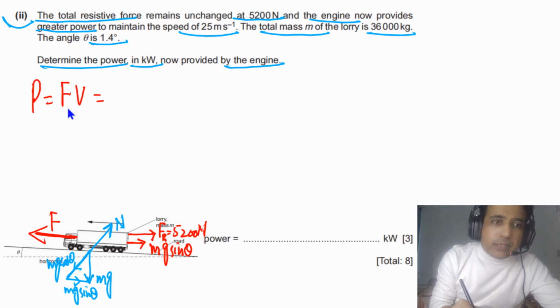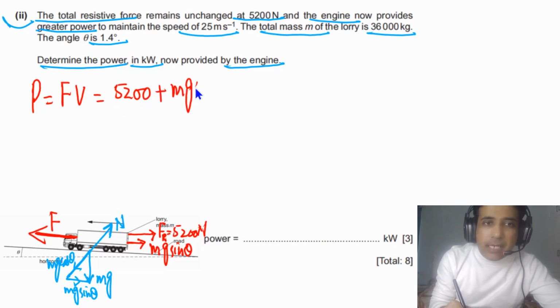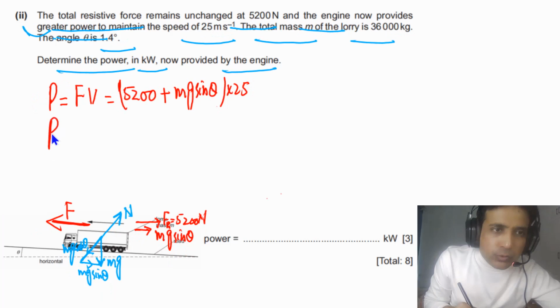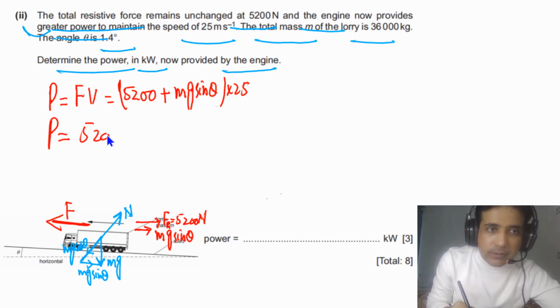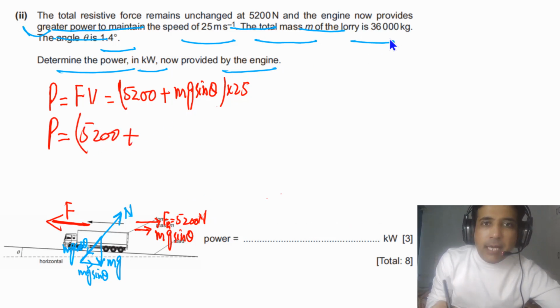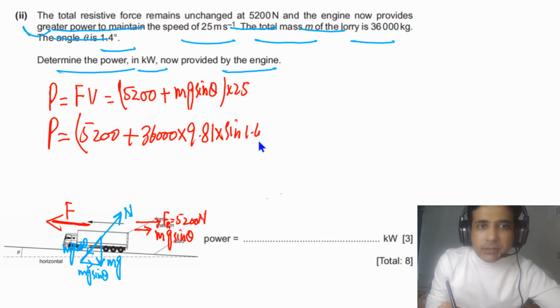But in this case, capital F is equal to 5,200 plus mg sine of theta, and the value of the angle is given to us, and the speed is 25 meters per second, and we need to find the value of P. Now we just need to plug in the values of mass, g and theta to calculate P. So we have 5,200 plus m, the mass of the lorry, that is 36,000 kg, multiplied by g, that is 9.81, multiplied by sine of the angle, which is 1.4 degrees. Then all of this we have to multiply by 25.